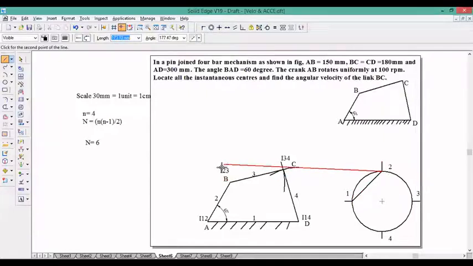We found the instantaneous center 2, 3, so join a line 2 to 3 also. Then we found instantaneous center 3, 4, so join 3 and 4 by a continuous line. Then instantaneous center 1 and 4 also we know, so join 1 and 4.